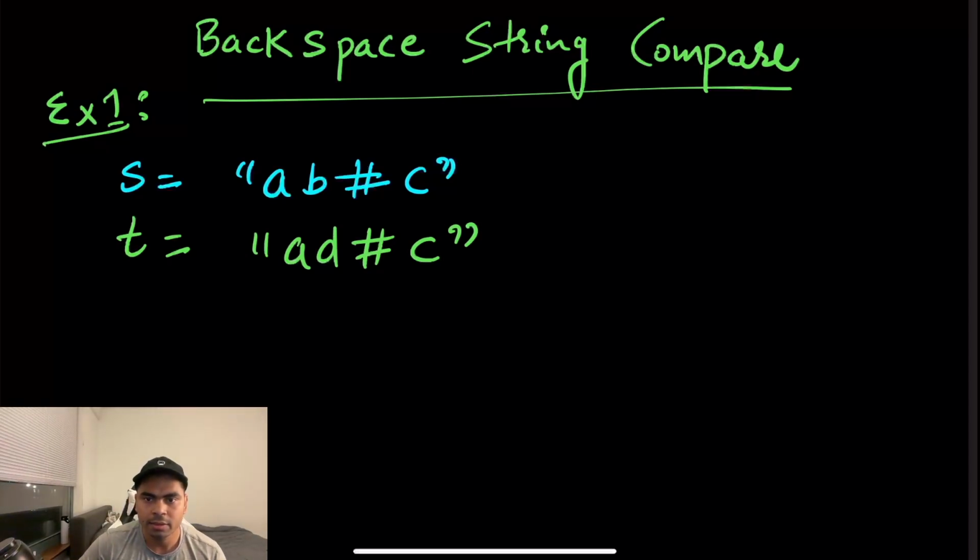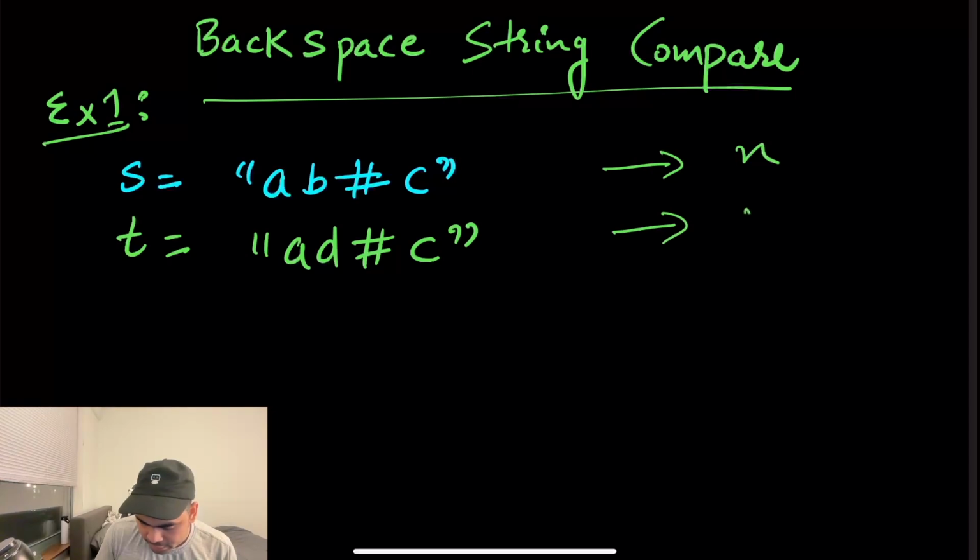But the problem is that a stack will be really easy to implement, but it's going to use extra memory. Let's say this is of n length and this is of m length. Then we're going to have memory of big O of n plus m.